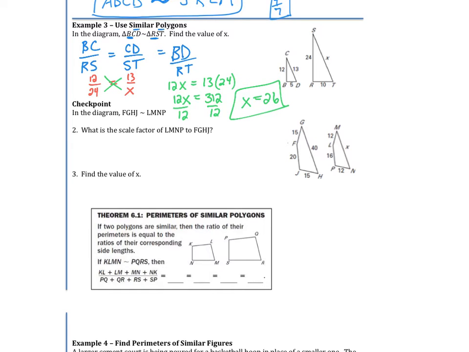Okay, checkpoint. What is the scale factor of LMNP to FGHJ? To find the scale factor, we just have to find two corresponding sides, write a fraction, and simplify it. So LM matches up with FG. So we would do LM over FG.